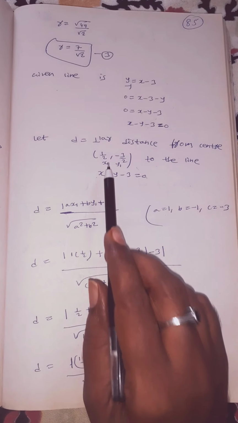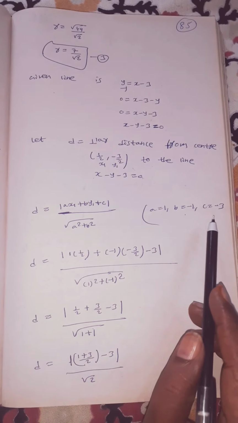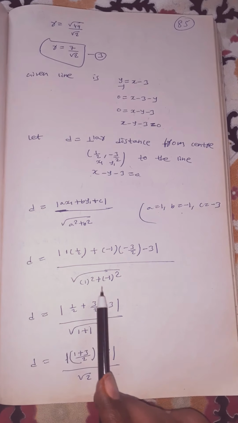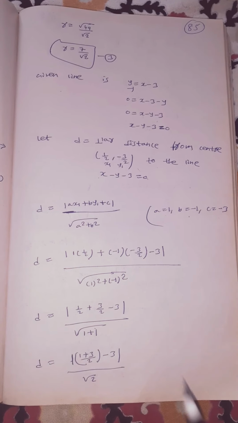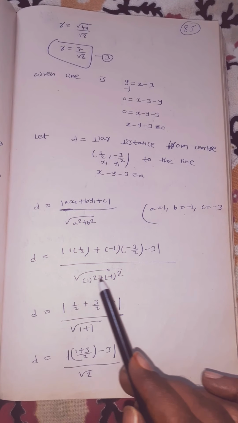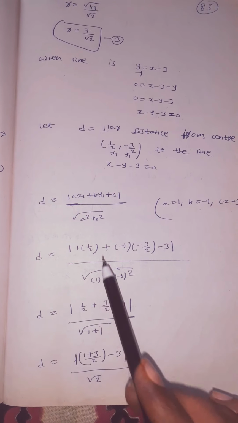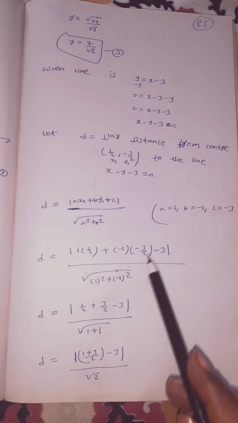So 1 into 1 by 2, plus minus 1 into minus 3 by 2, plus c value, which is minus 3. Plus into minus is minus, that's why I wrote minus directly. By a value is 1, b value is minus 1, so 1 square plus minus 1 square. So 1 into 1 by 2 is 1 by 2. Minus into minus is plus, so 3 by 2 minus 3.